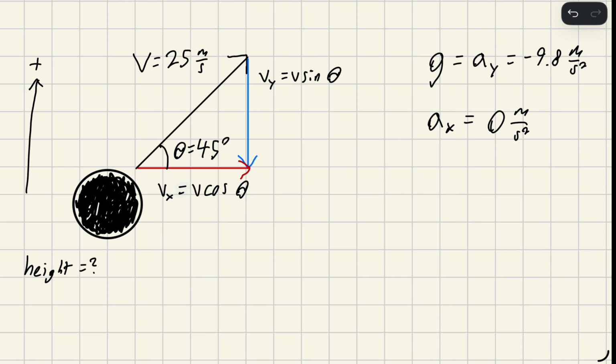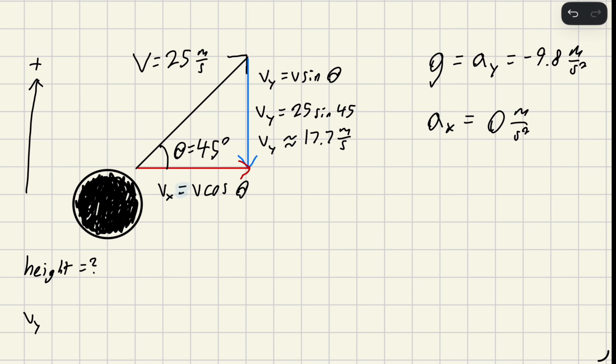And let's say the problem now that we want to know is the height that the ball reaches. Height deals with velocity in the y direction, so let's solve that. Vy is 25 sine of 45, which if you plug it into the calculator is roughly 17.7 meters per second.